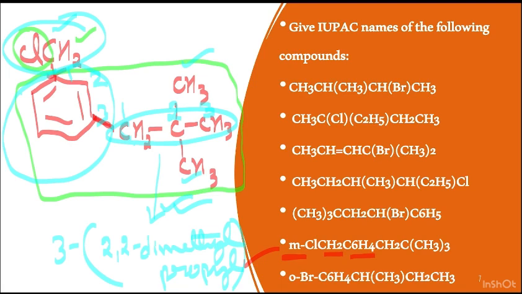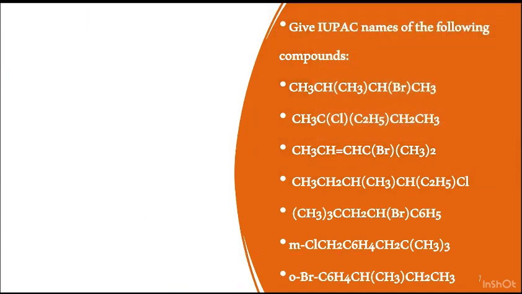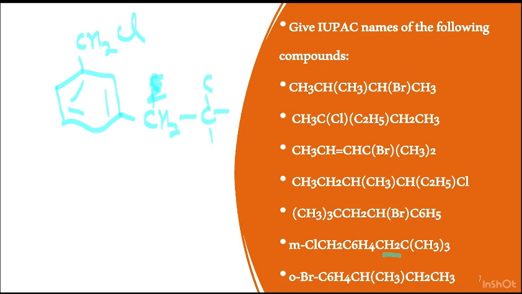So the name of the compound, let me quickly draw it again so that there is no confusion. This is a substituent. Here you have CH2. This carbon is not there. You have CH2 and then 1, 2, 3, 3 methyls.